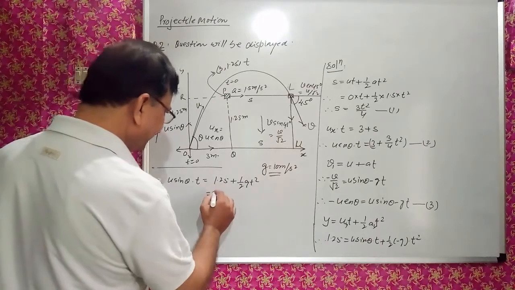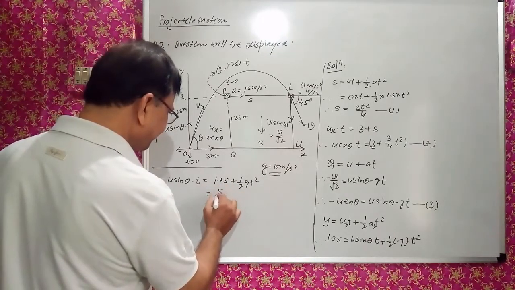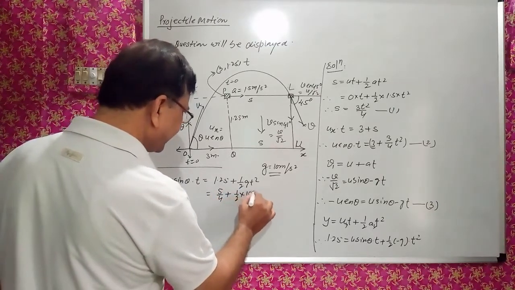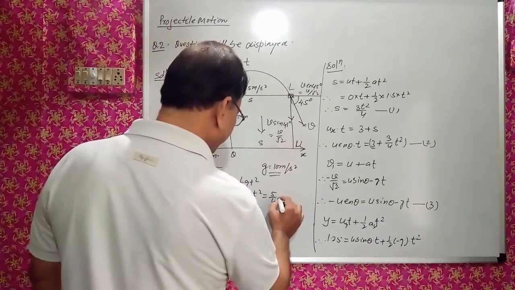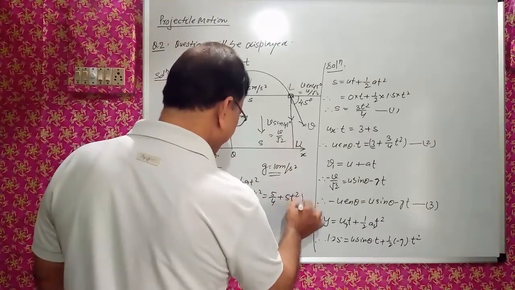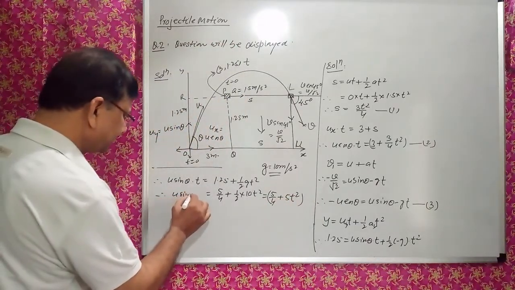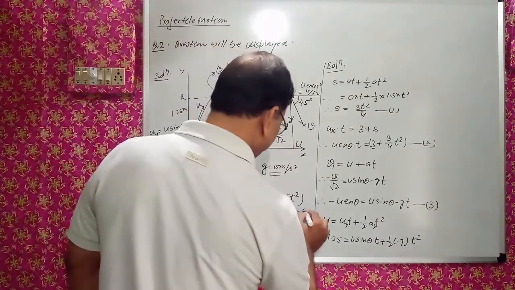So 1.25, we can write 125 by 100. So it is 5 by 4 plus 1 upon 2 into 10t square. Then we can write 5 by 4 plus 5t square. This we can write for u sin theta t is equal to this. So let this be equation number 4.